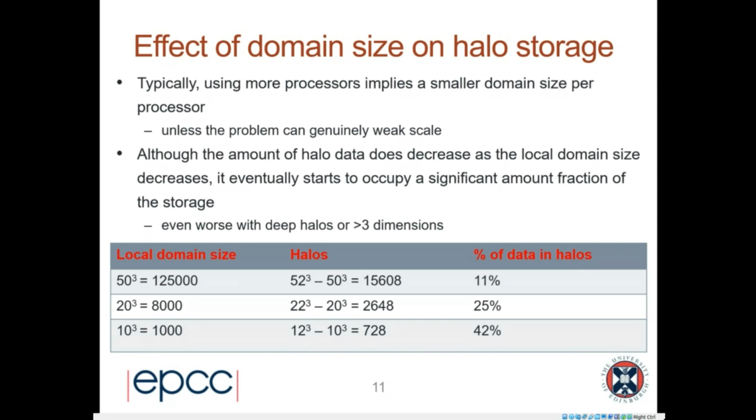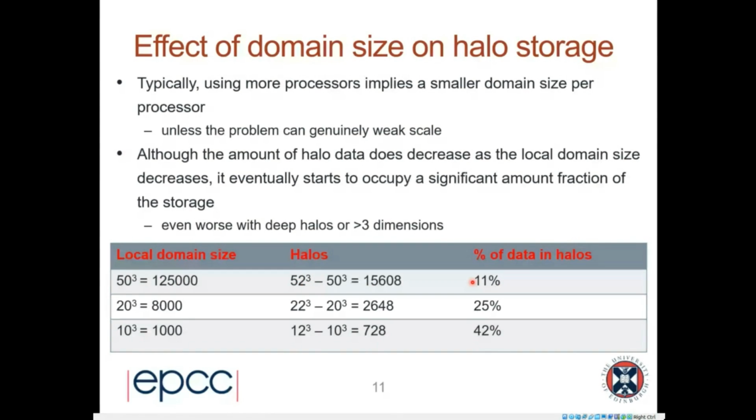Even for a single depth halo, in a 3D code, and if we had double depth halos, or more than 3 dimensions, this is going to get even worse. If we have a 50 cubed local domain size, we have 125,000 points, but the actual array we declare is extended by 1 in each direction, so it's 52 cubed.